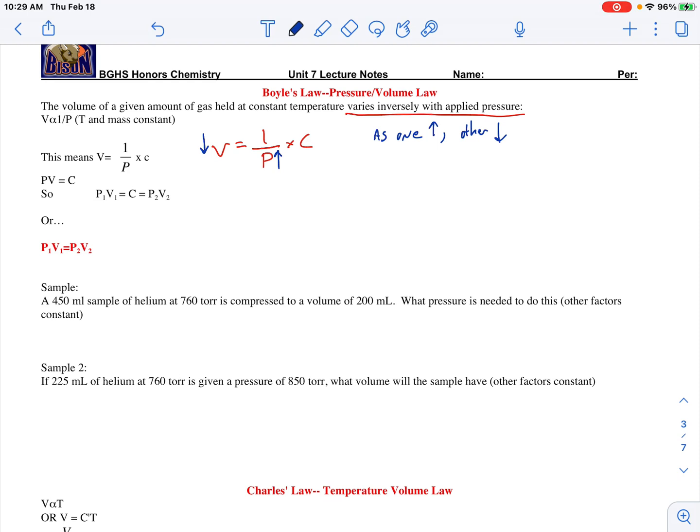So if we have two scenarios, let's rearrange this. Let's say that volume times pressure is equal to C. I'm just taking the same equation and multiplying both sides by pressure.